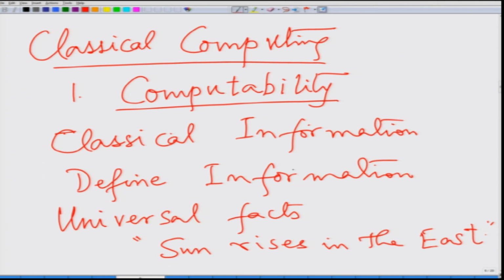No matter how much computing I do or do anything with it, this statement is not going to change, which means that universal facts are not information that is going to be of any use for us. So, our first definition of information comes from the idea that we cannot use statements or processes which are never going to change.